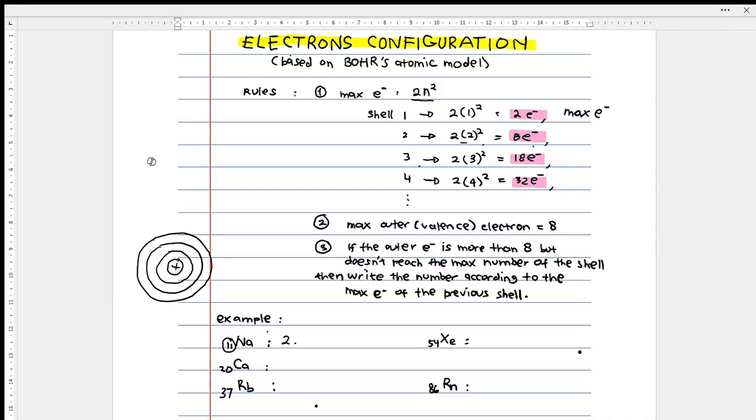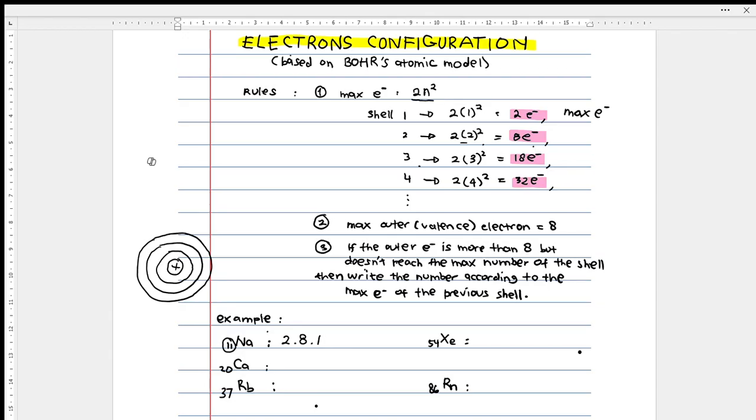The amount of electrons that can be placed in the second shell is 8. We have 9 left, right? Since the maximum amount that can be placed is only 8, we write down 8 here. That means we have 1 electron left to be placed in the next shell. Hence, we write 1 here in the third shell.